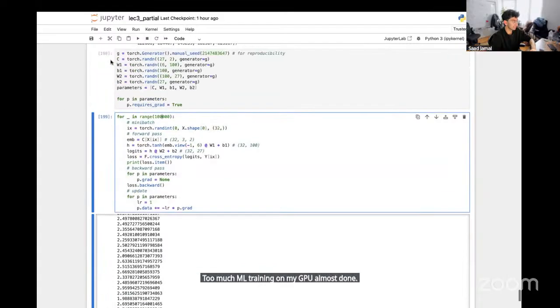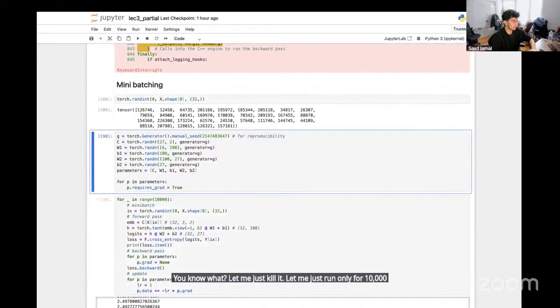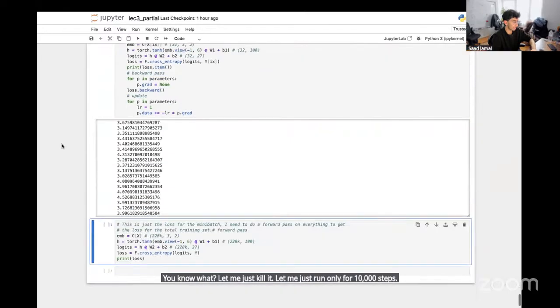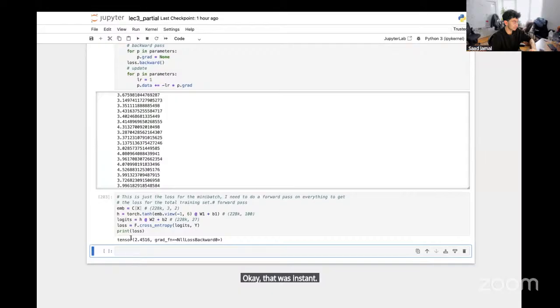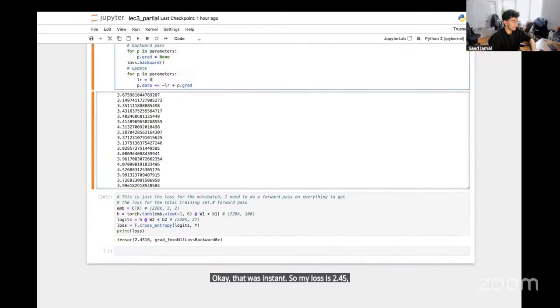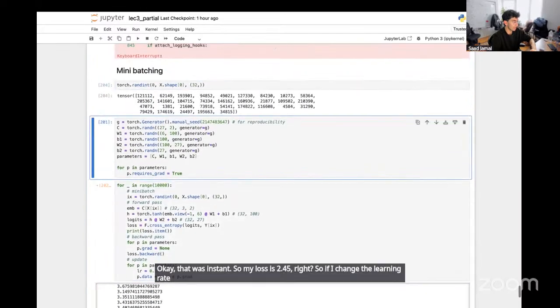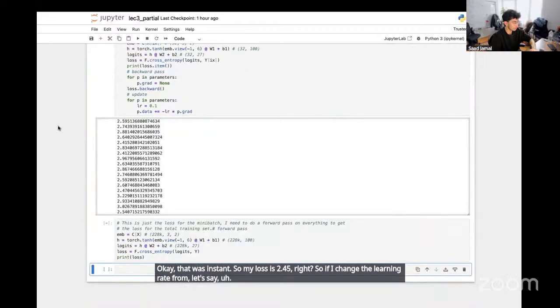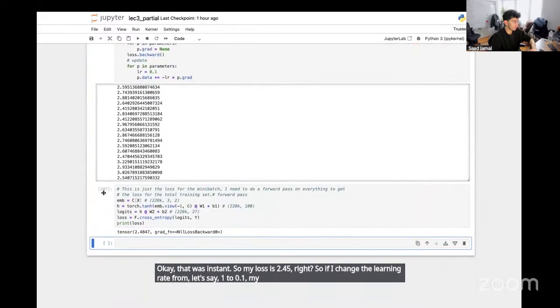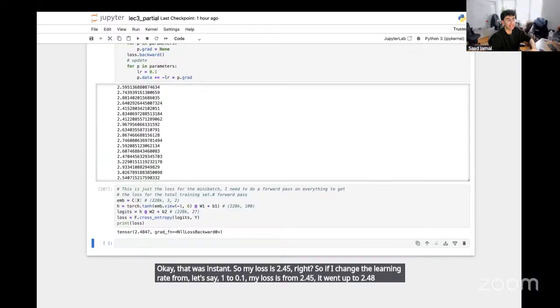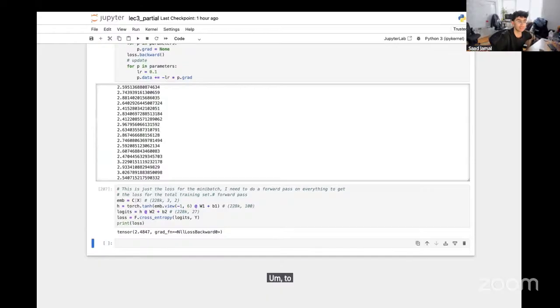You know what, let me just kill it. Let me just run only for 10,000 steps. Okay, that was instant. So my loss is 2.45, right? So if I change the learning rate from, let's say, 1 to 0.1, my loss went from 2.45 up to 2.48, right? So these learning rates can also be tweaked to achieve a better loss.